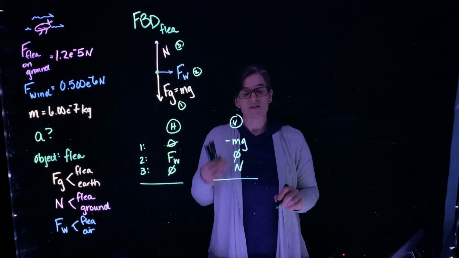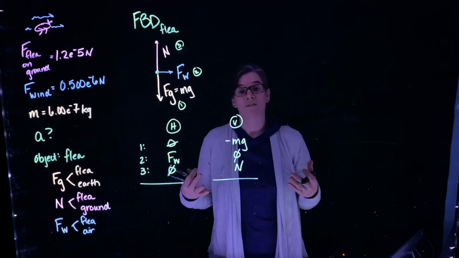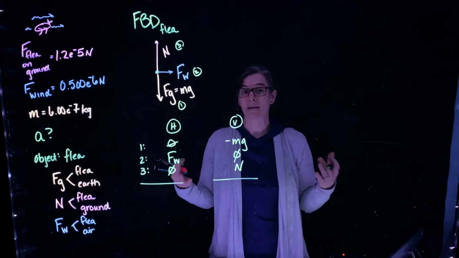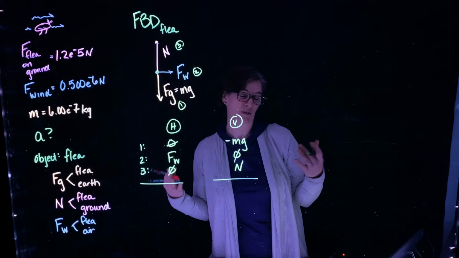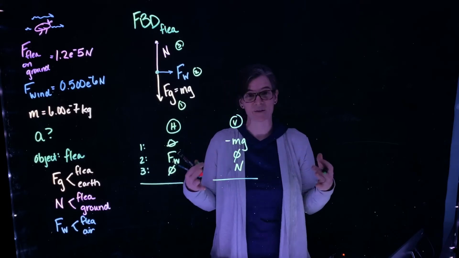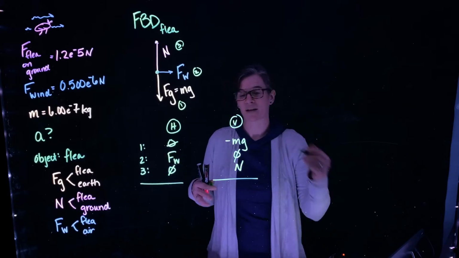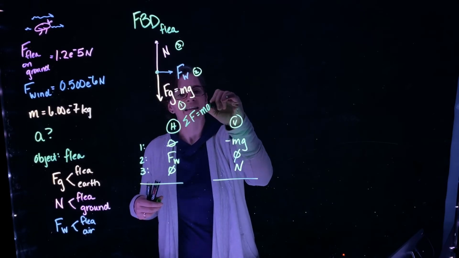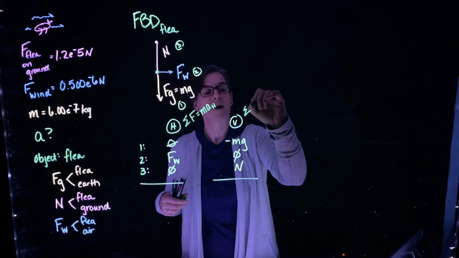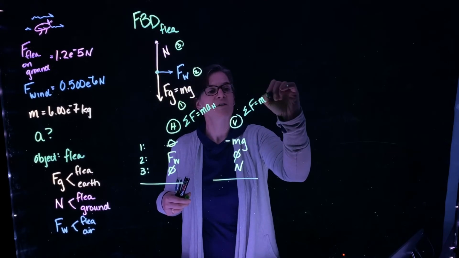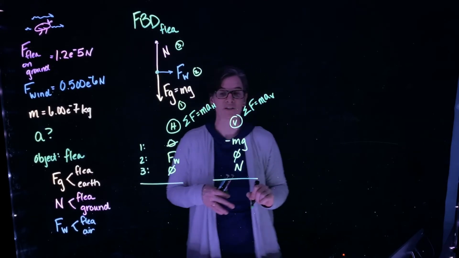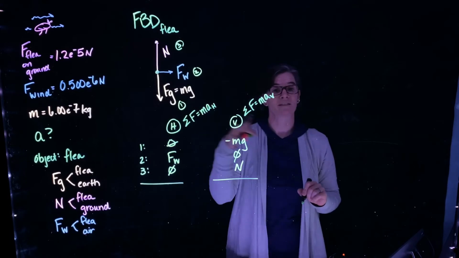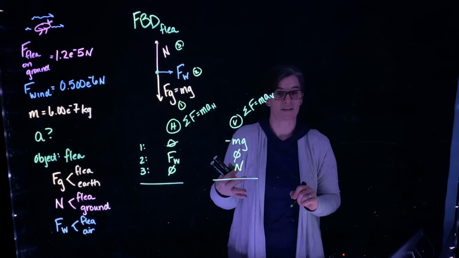Now, we're interested in the acceleration overall of the flea, and so we can't make the assumption, in this case it's not even true, that one of the accelerations is 0. And so we're going to apply Newton's second law, recognizing that there is a horizontal component potentially to the acceleration and a vertical. So the sum of the forces horizontally are going to give the horizontal component of the acceleration.